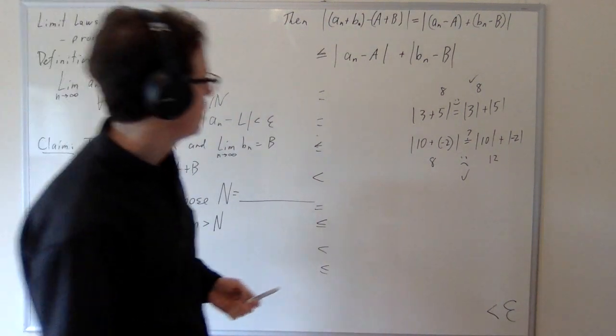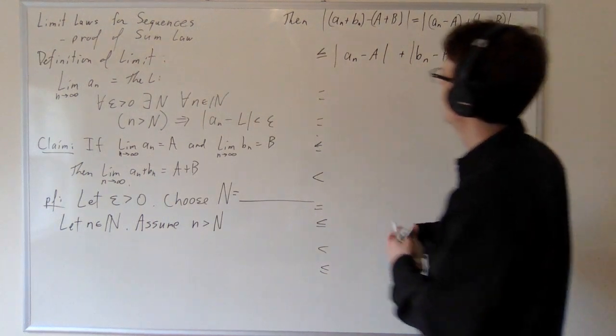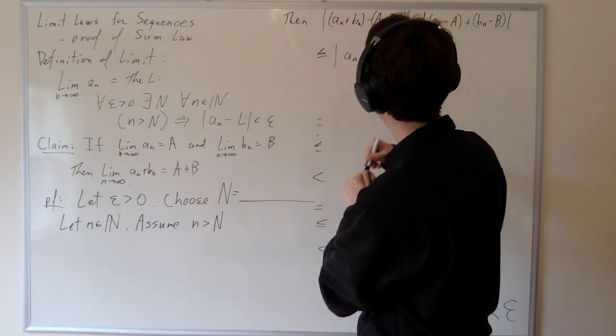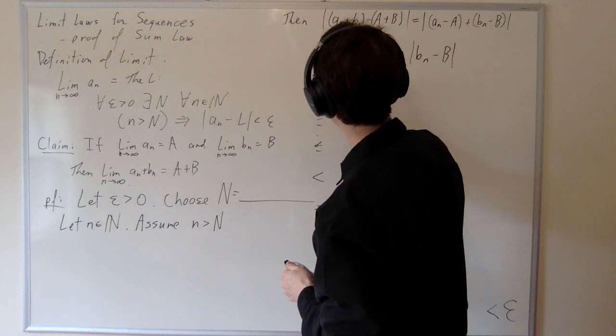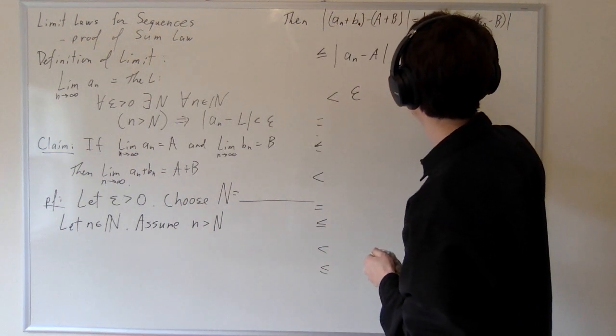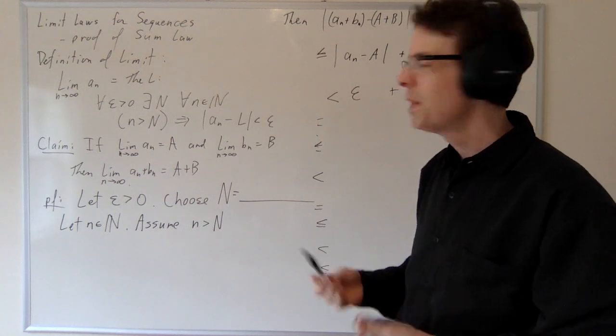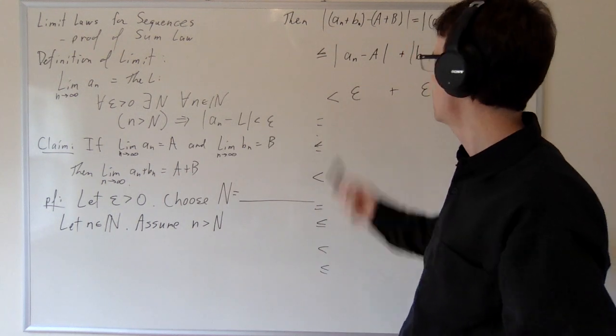So you might think here that I would go in here and I would say that this thing is less than epsilon. So would that be correct? And then this thing might also be less than epsilon, and so their sum would be less than epsilon over epsilon. That would be a natural thing to do, but it's not quite right.